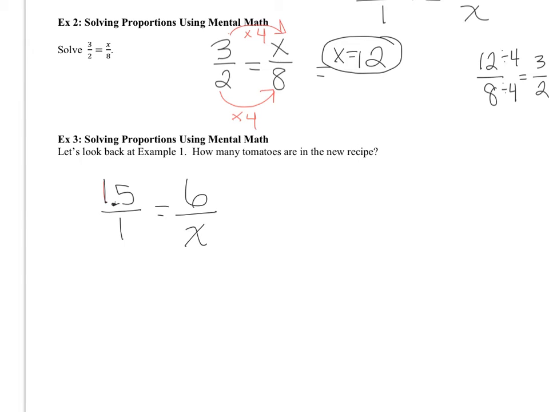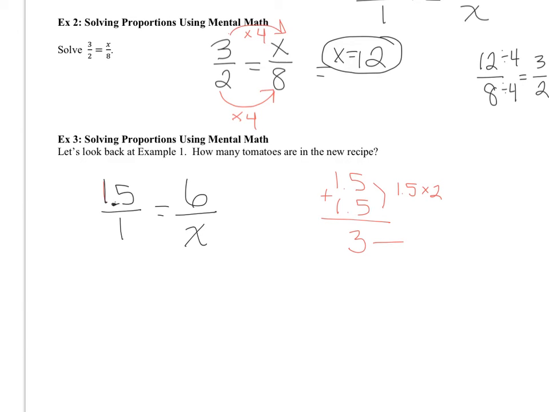If I think about 1.5, 1.5 times what would be 6? Well, this one is kind of tricky, so let's just break apart those numbers for a second. If I think about 1.5 plus 1.5, that gives me 3. Okay, so 1.5 times 2 is 3.